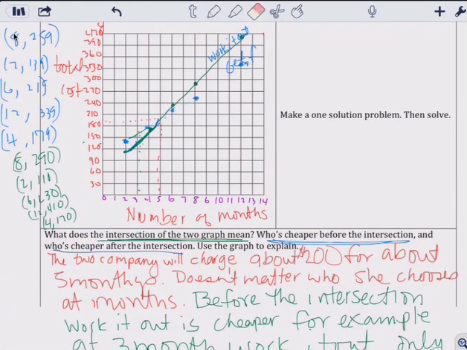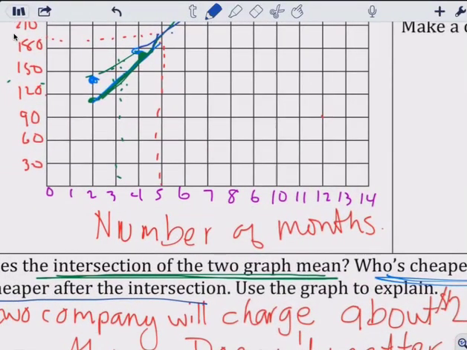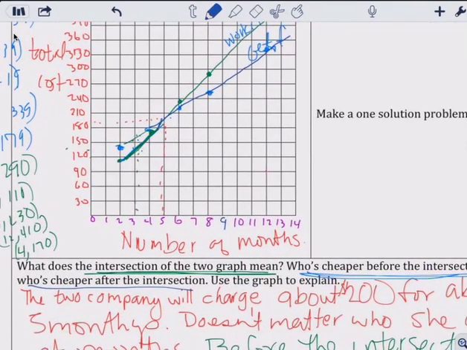I need to redraw this line. For example, at, did I mess up on my numbering here? Look. Oh, this is 9. I put 6. Scared me. Okay, at 9, Get Fit is about 270.